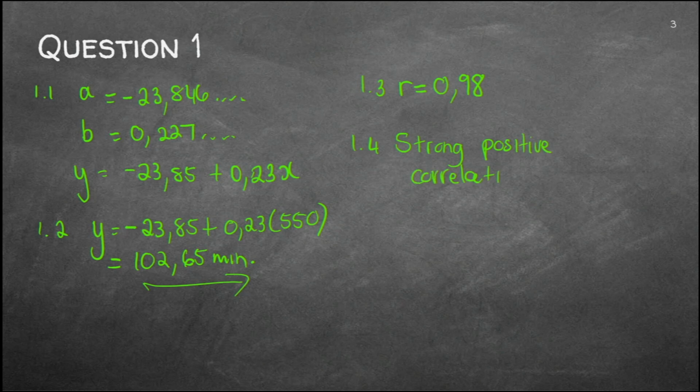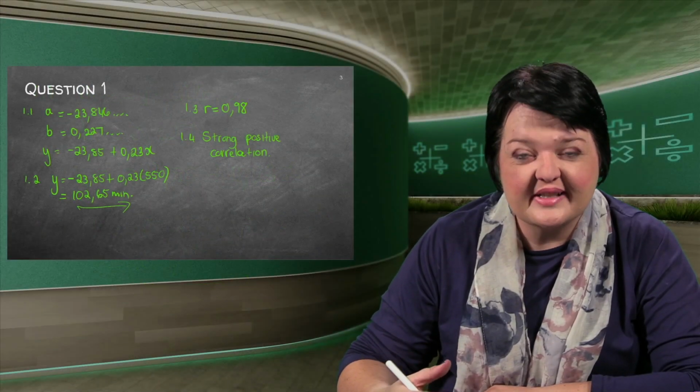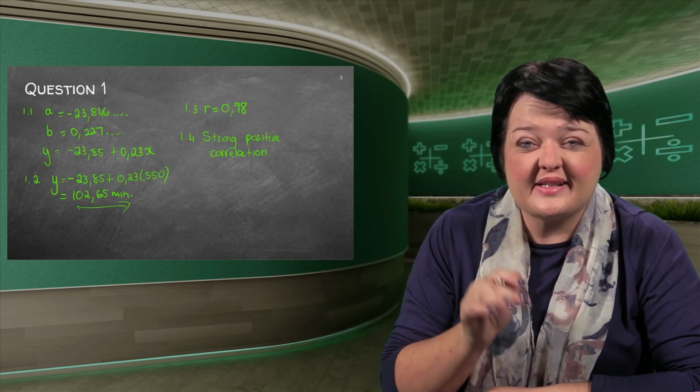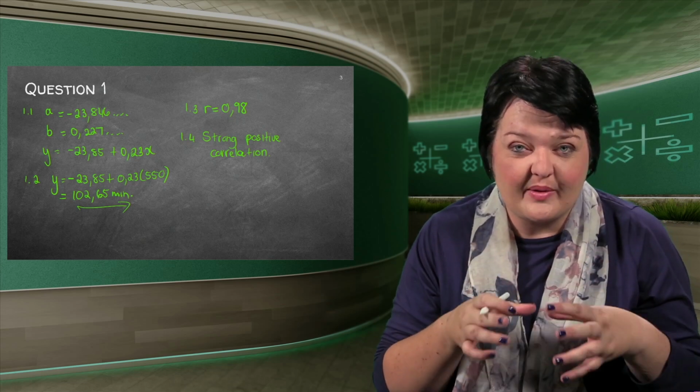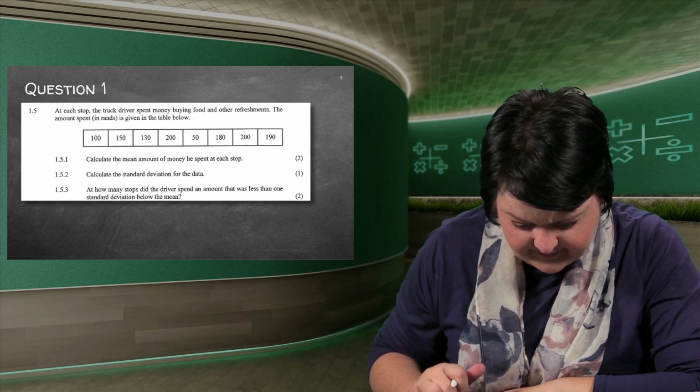If it was negative 0,98, I would have said a strong negative correlation. If it was a value of 0,2, I would have said a poor positive correlation. So the nearer it is to 1, the more accurate this regression line equation is. And remember, it's only for data within our boundaries. Right, let's go on to the next part.